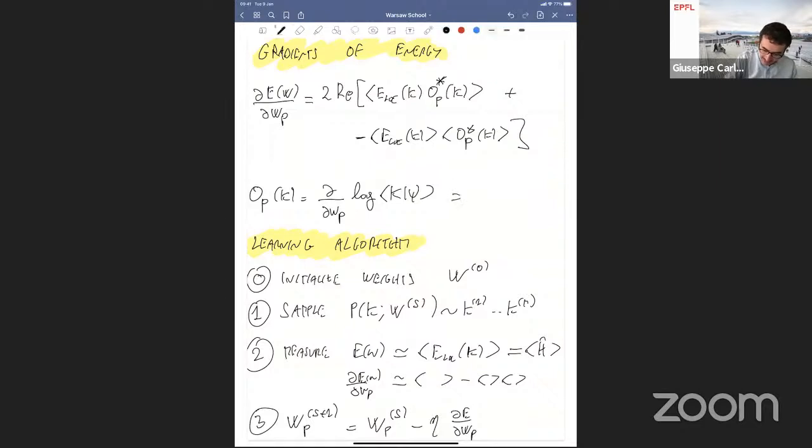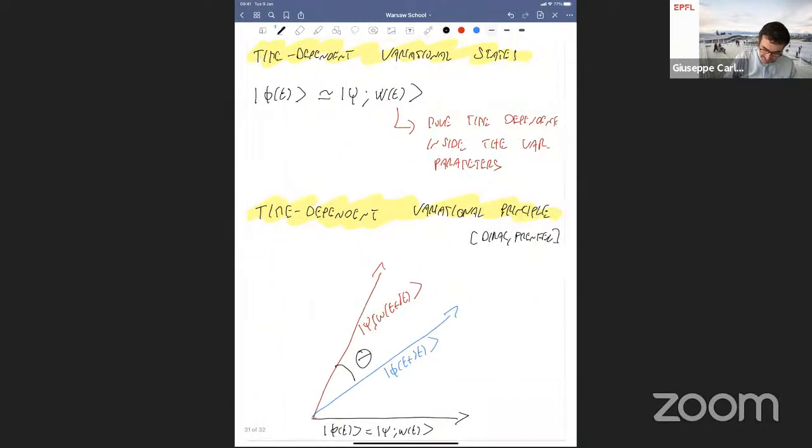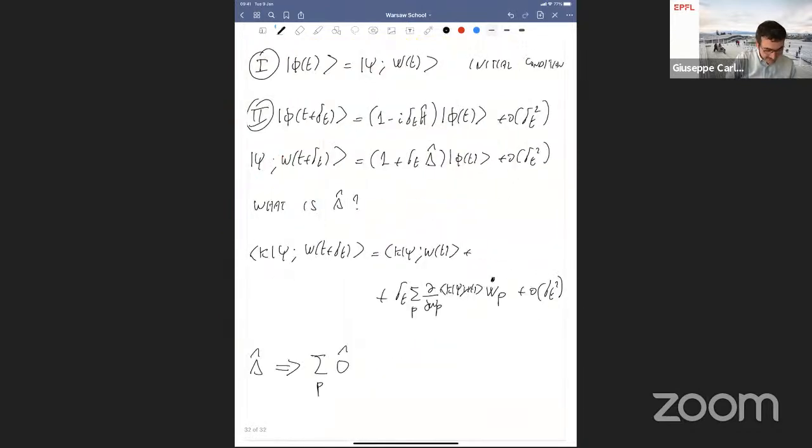These are diagonal operators. So you can write them also in this form if you'd like, but these are just diagonal operators. So these are just these O_p times W dot_p, at time t. So this is your variational operator that is driving the dynamics. It's just this diagonal operator.